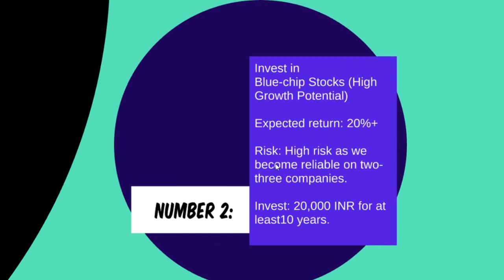It contains a higher amount of risk and volatility compared to mutual funds. Mutual funds include diversification because they include multiple companies, whereas with stocks we become reliant on just 2 to 3 companies. So there is definitely risk, and that is why I have included stocks only in the aggressive investment portfolio.